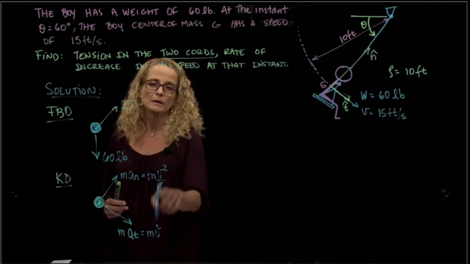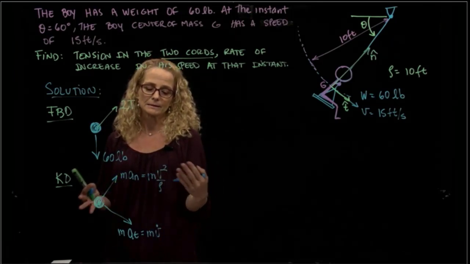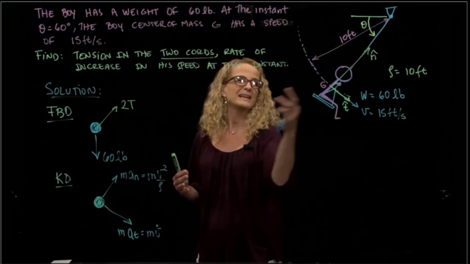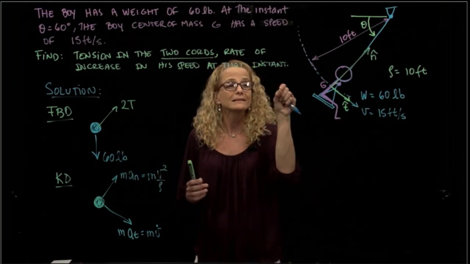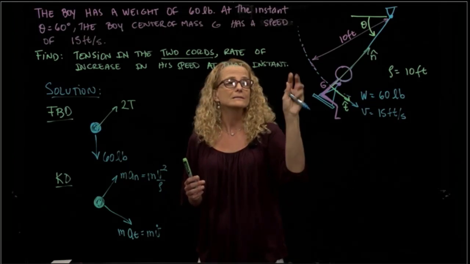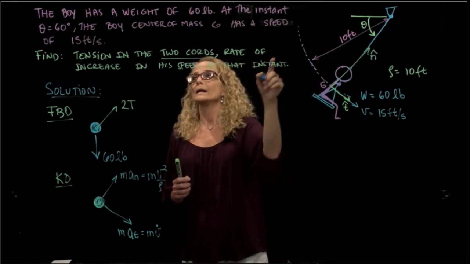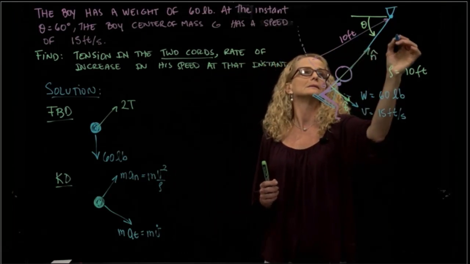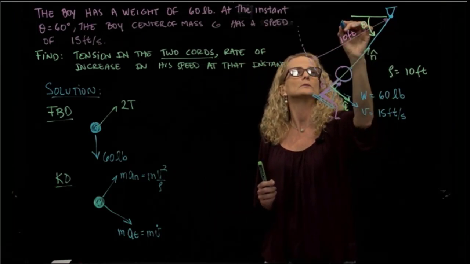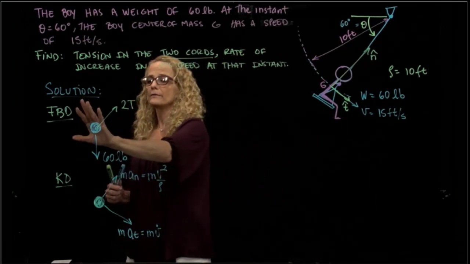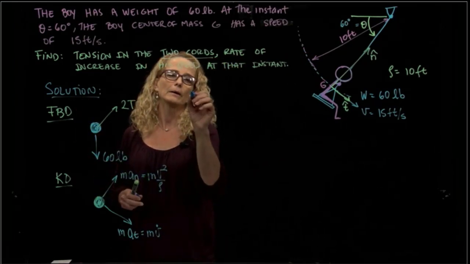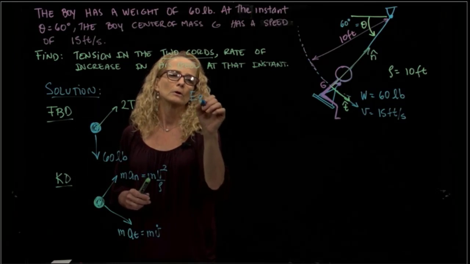That is what we have to find: how the speed that we are given is changing over time, instantaneously, in this picture of the boy when the angle is 60 degrees. Now that we have the free body diagram and the kinetic diagram, we apply our equations of motion.